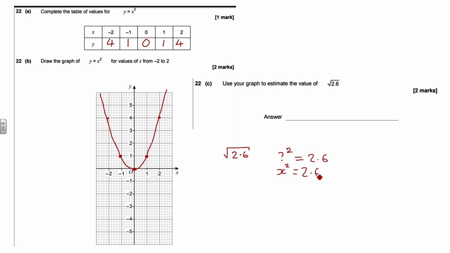So if we look where 2.6 is as the output, the y being the output, we find 2.6 and we need to read across to our graph. So moving down, that's there, and there. So I would say it looks like we've got 1.6 and minus 1.8.